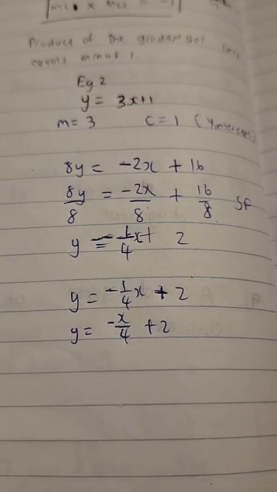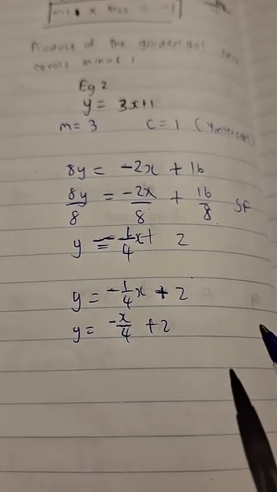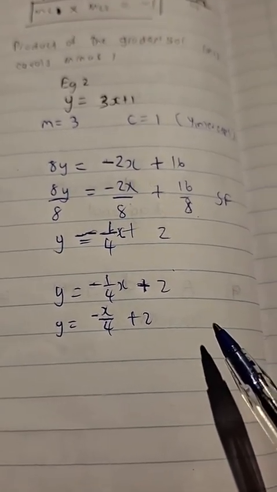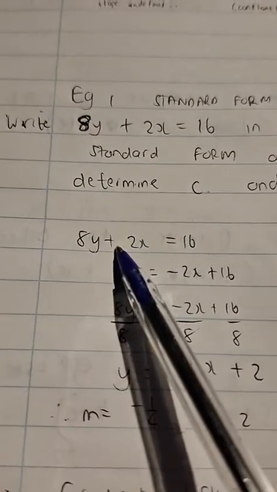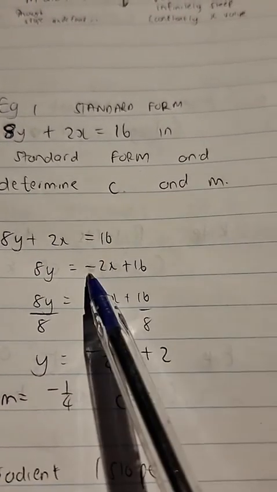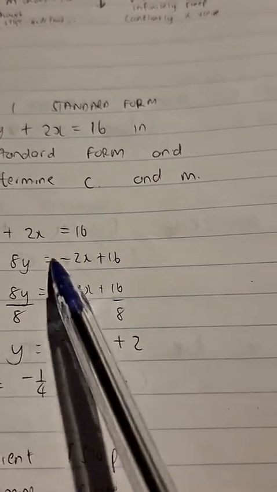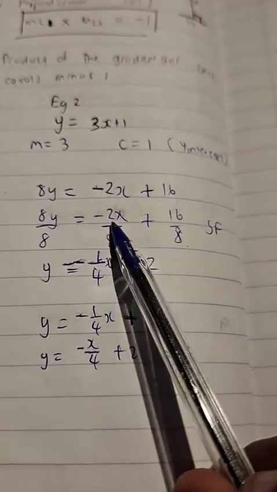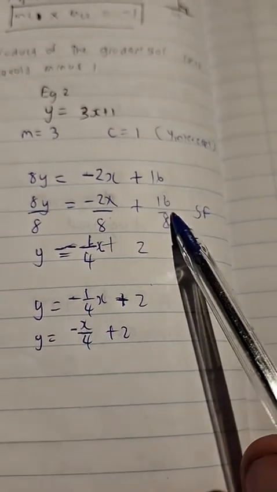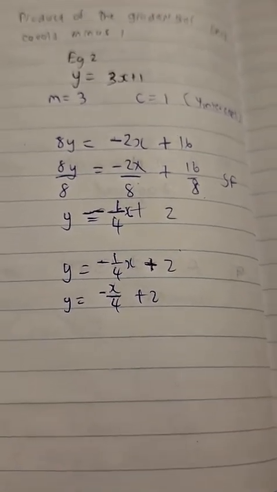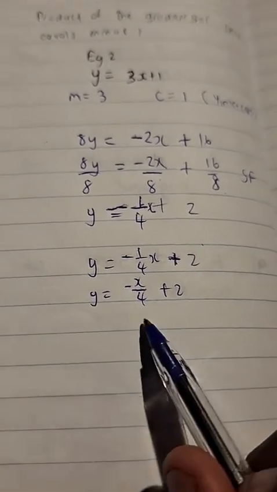So that's what we call applying to transpose something: to take something, move it to the left hand side and the sign changes, to the right hand side and the sign changes. That's applying the additive inverse there. Then this division by 8 for all terms is applying the multiplicative inverse or the reciprocal.